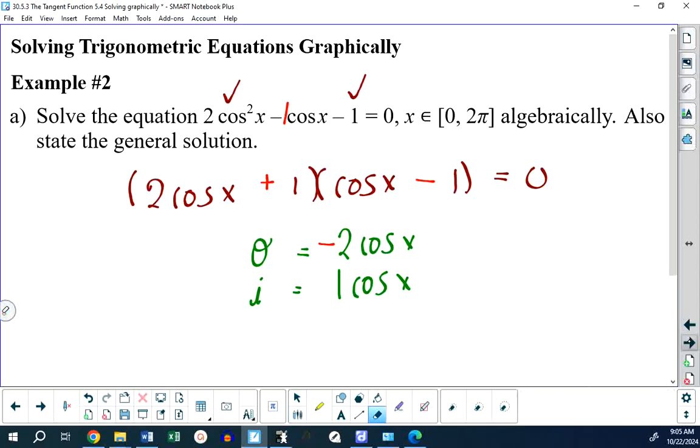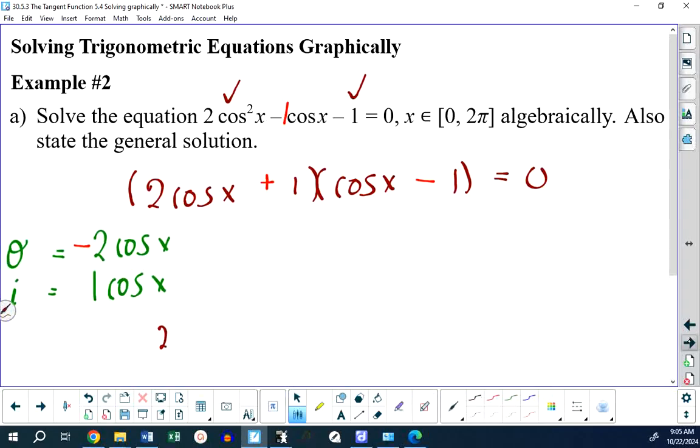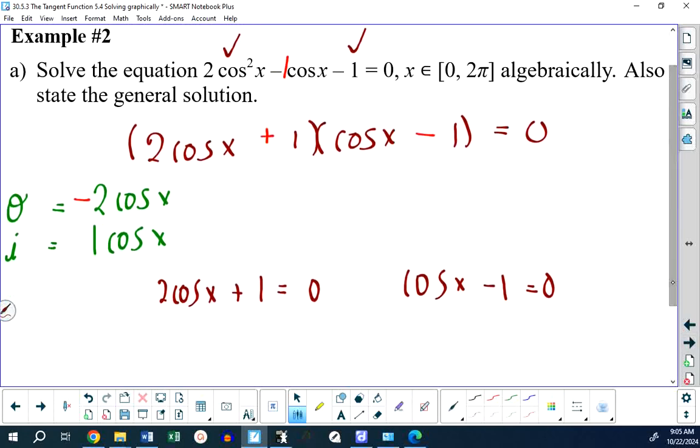This is just my scrap work. I won't erase it. I'll move it out of the way. So then what you do is you say that 2 cos x plus 1 is equal to 0. And you say cos x minus 1 is equal to 0. Some of you, when you wrote your exam, didn't show the equal 0. I would tell you that that's poor form.